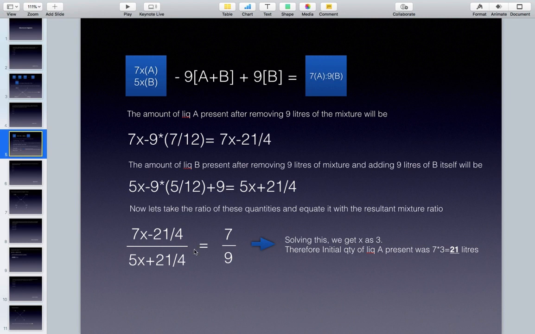So just take the ratio of these two and we can equate this to 7:9. Solving this, we get x as 3. So substituting 3 in 7x, we get the initial quantity of A present in the can as 21 liters.